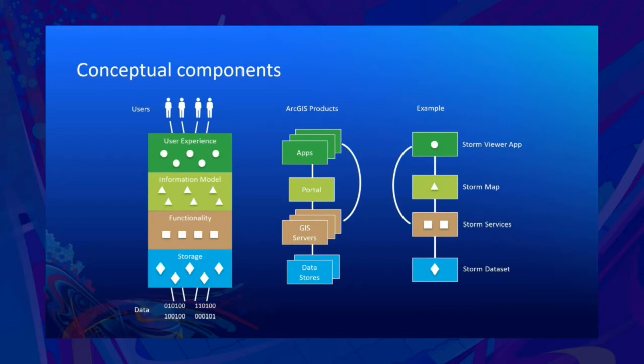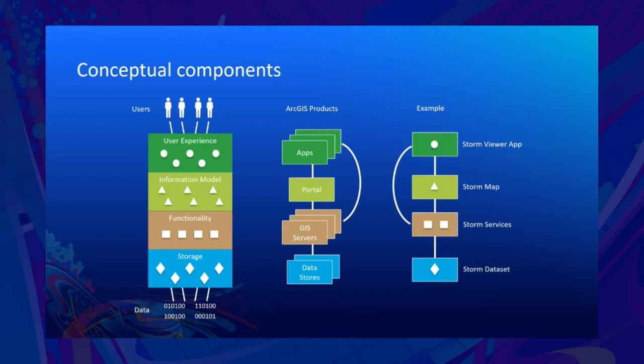Trying to put this into context just to make it a little bit easier to relate to. Imagine you have a storm data set. This powers a set of storm services that you're publishing. They may be things like map services and feature services and so forth, things that we'll talk much more about here throughout the presentation. Those services are put into a map.